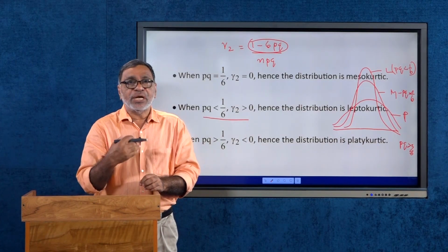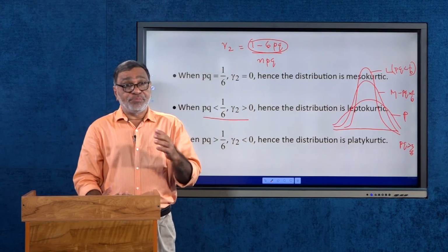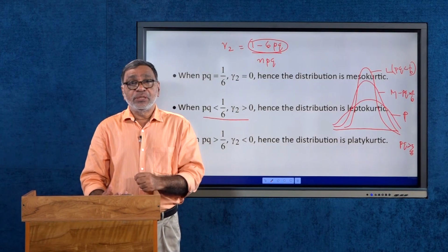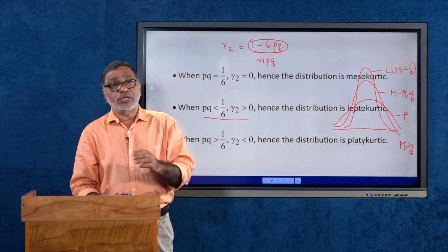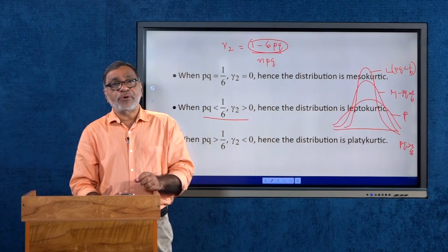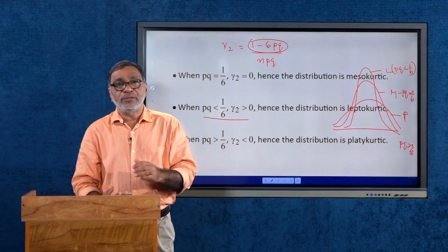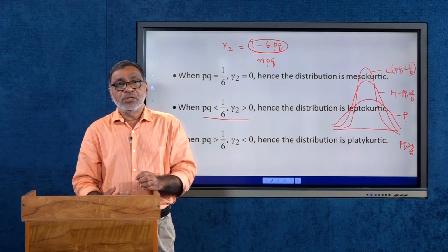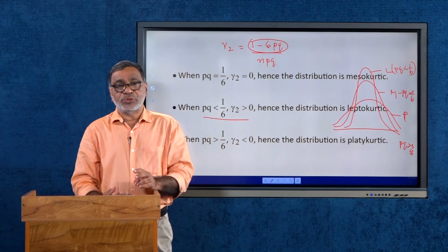It may be mesokurtic if the product is equal to 1 by 6, leptokurtic if the product is less than 1 by 6, and platykurtic when the product is greater than 1 by 6. So, this is the way we classify the binomial distribution as far as skewness and kurtosis are concerned.